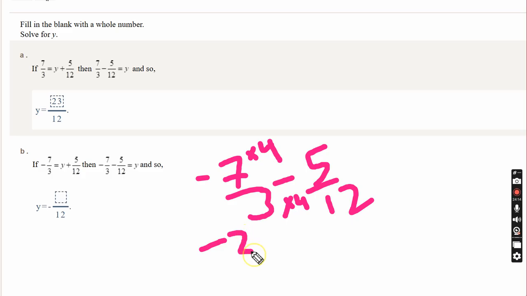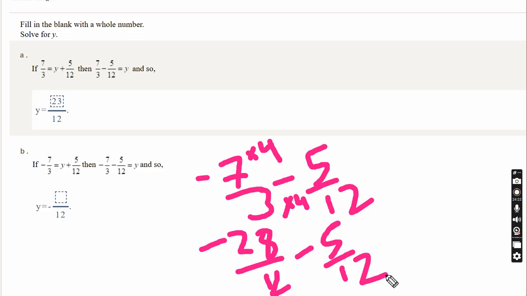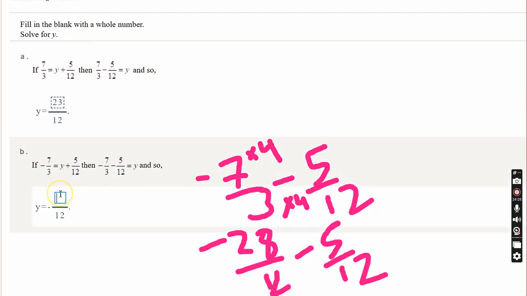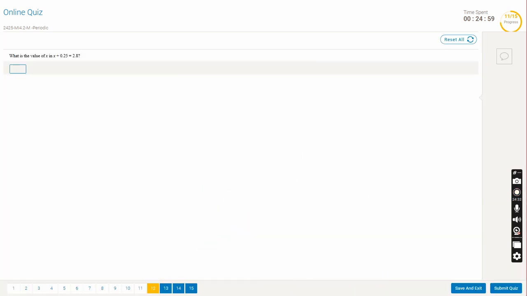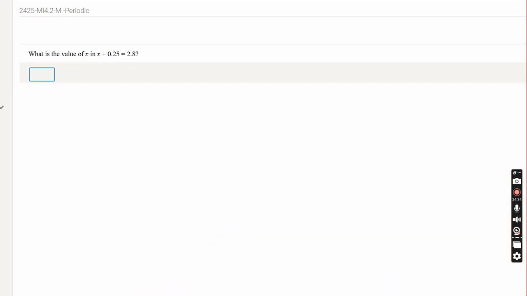So you get minus 28 over 12 minus 5 over 12. So you add them. So minus 28 minus 5, what do you get? You get minus 33 over 12. So the minus sign is already written there, so you don't have to write the minus sign, just write minus 33 over 12.